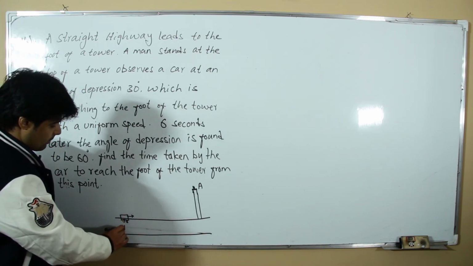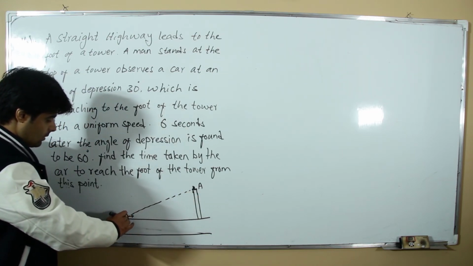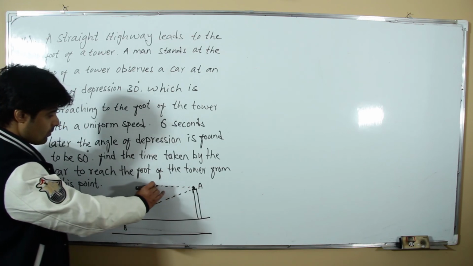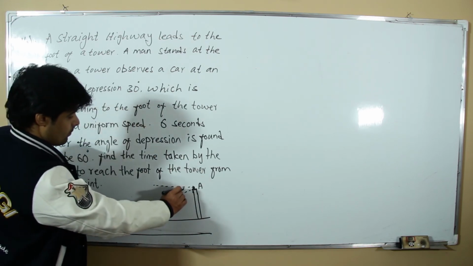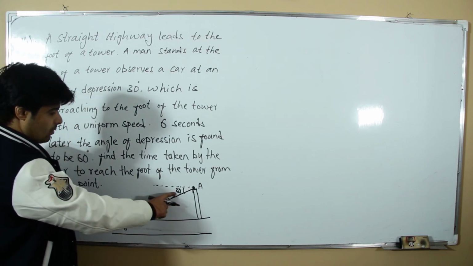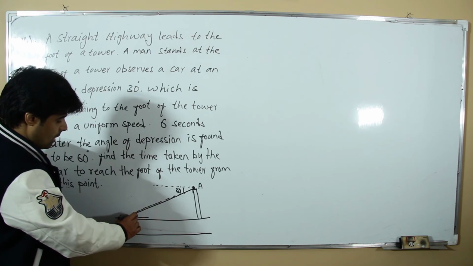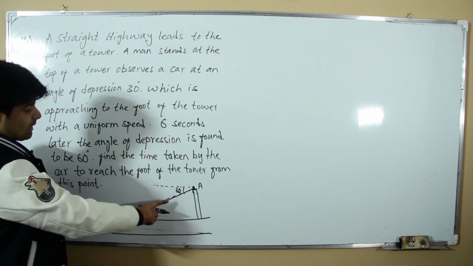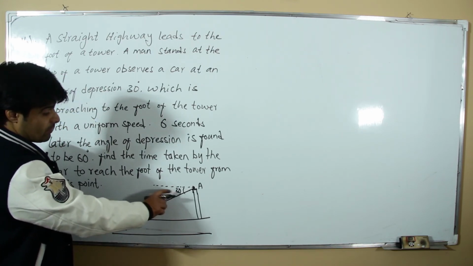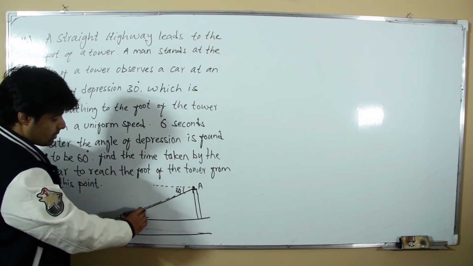This point is suppose B. He observes with the angle of depression of 30 degrees. You know one thing, if the angle of depression is 30 degrees, the angle of elevation is also 30 degrees.